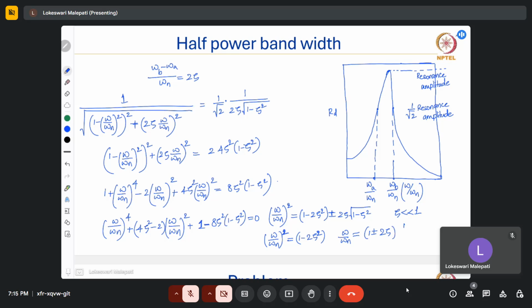So then we have omega b by omega n equal to 1 plus 2 zeta, and omega a by omega n equal to 1 minus 2 zeta.